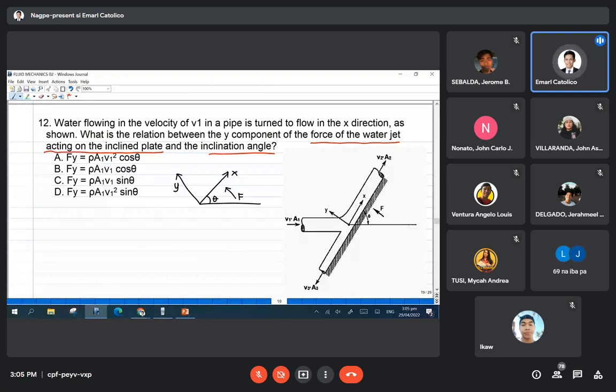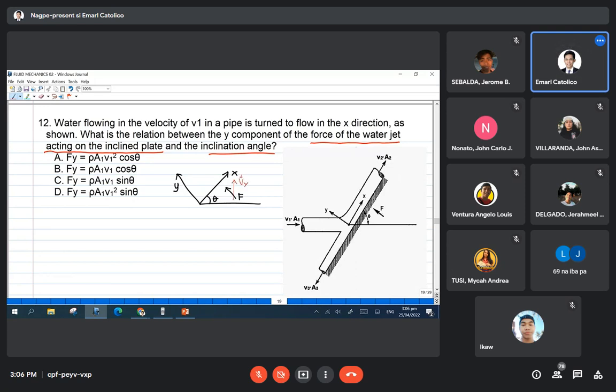Okay. So ang tinatanong dito is the force acting on theta. So kung may F ka dyan, meron kang velocity vertical, Vy.